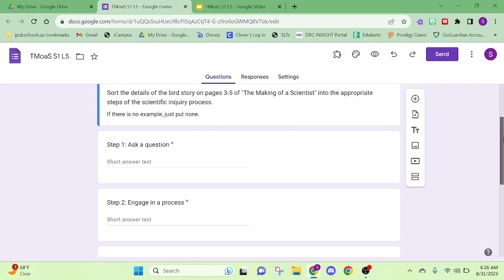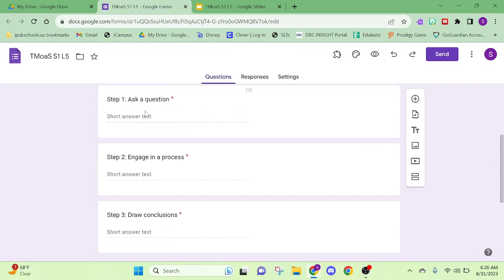So let's say I was using the dinosaur story, which was where they were reading the encyclopedia and learning about the dinosaur. So, step 1, ask a question. Well, did anybody really ask a question during that dinosaur story? No, they really didn't. So, I would put no example. Then engage in a process. What did they do? They read the encyclopedia.